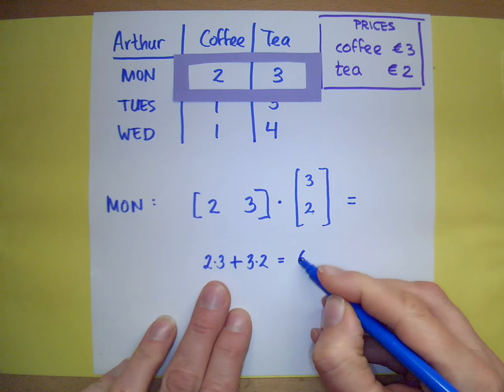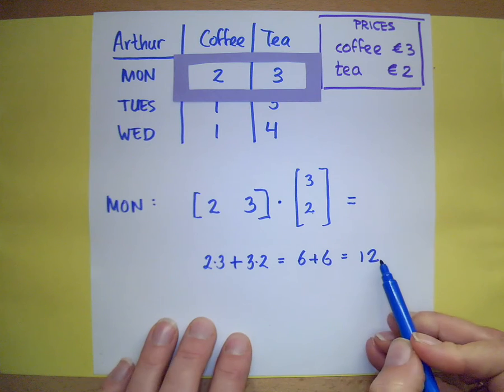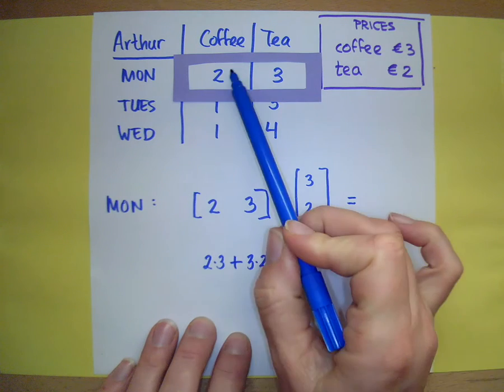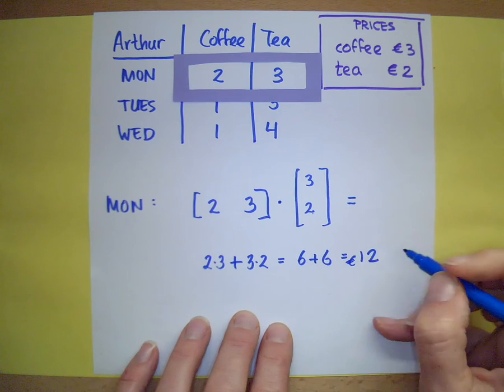That equals 6 plus 6, and that equals 12. And if you look at it logically, you paid 6 euros for coffee, 6 euros for tea. So that makes sense, right?